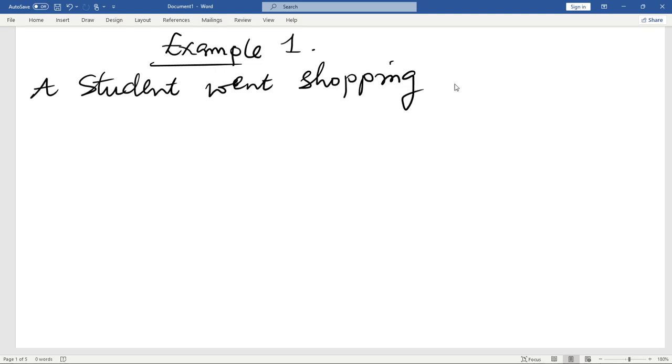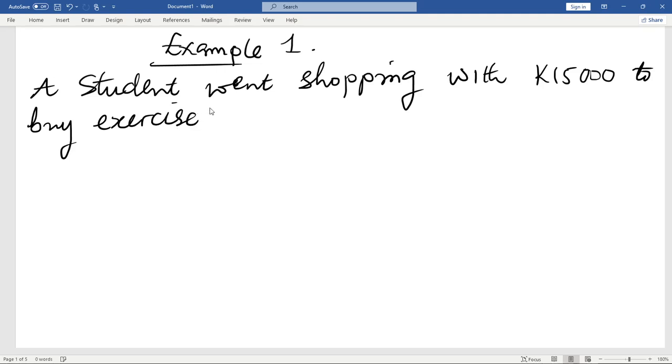So a student went shopping with, let's say, 15,000 kwacha to buy exercise books and pens.